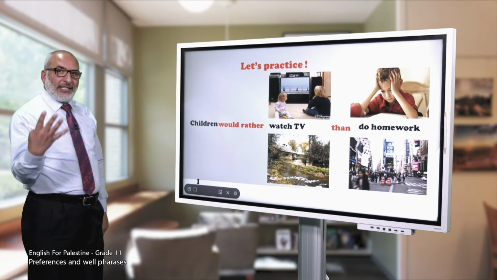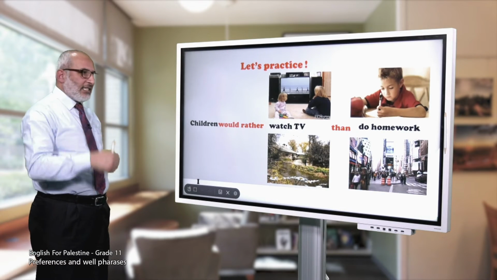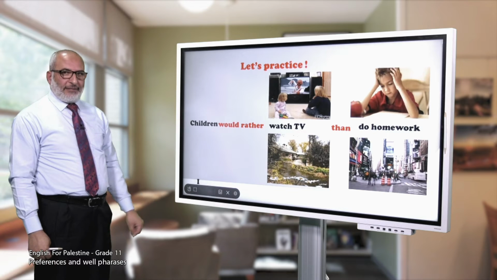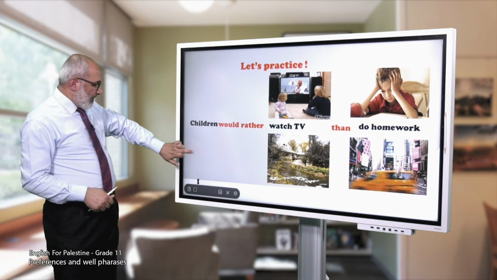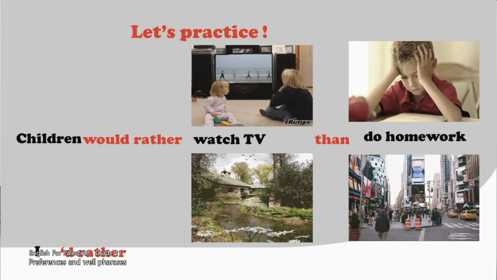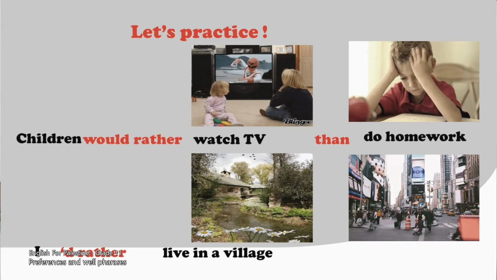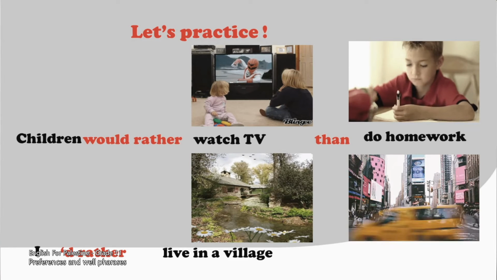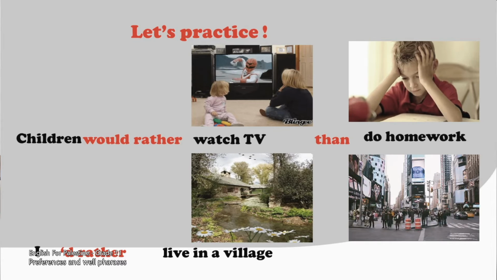Who can say the sentence here using would rather? Okay, great. I would rather, or I'd rather, the short form, I'd rather live in a village, because it's wonderful to live in a village.